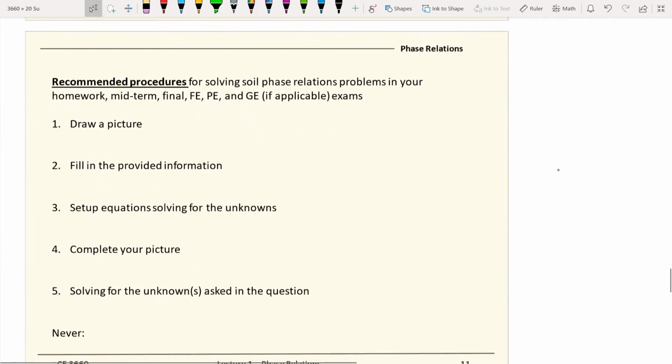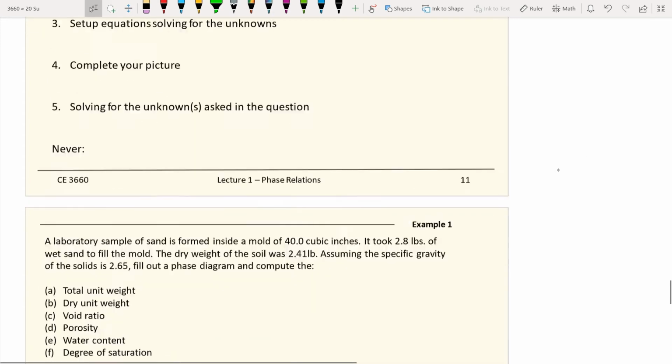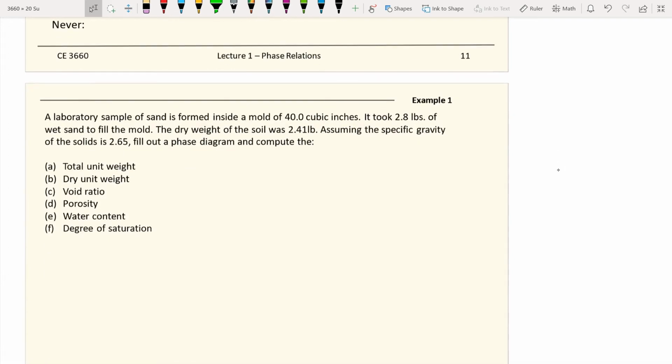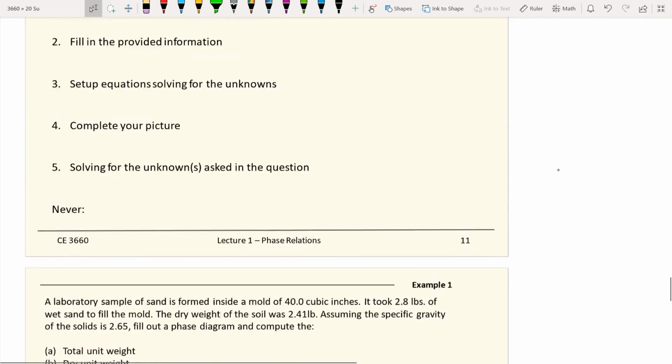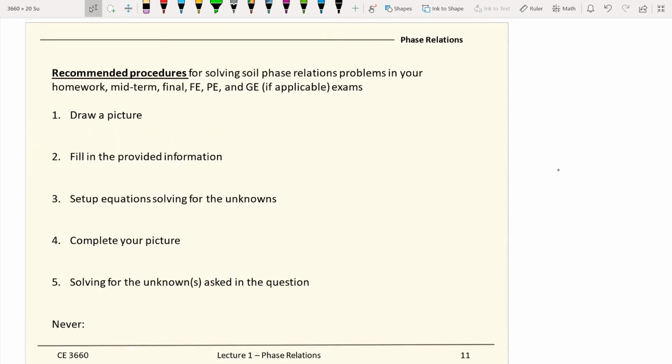Okay, so before we start doing examples on solving phase relations problems, let's talk about the procedure. Because in the next slide we will start working on examples. But before we work on those real numbers, I want to emphasize how to tackle those types of problems.